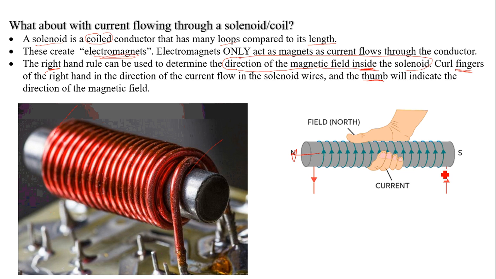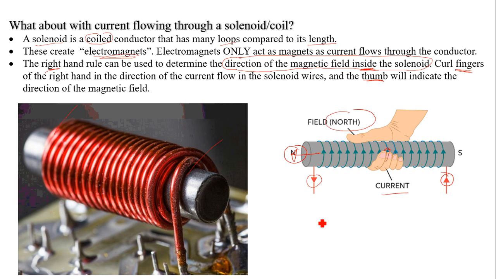In this picture, the arrows show the direction of the current going through the solenoid, and the fingers point in the direction of that current. The thumb is the direction of the north pole of the magnetic field, where it comes out of the center of the solenoid, not on the outside, but out of the center.